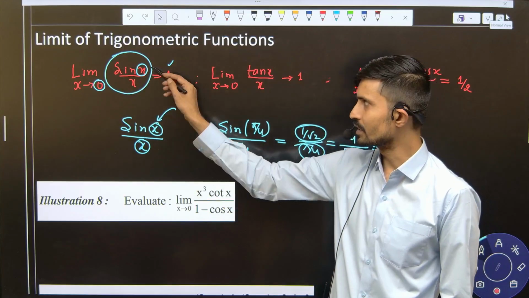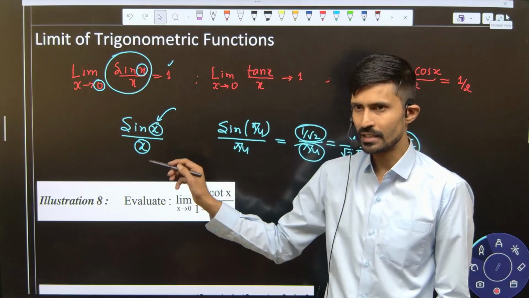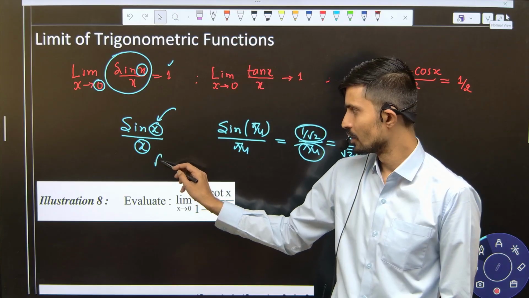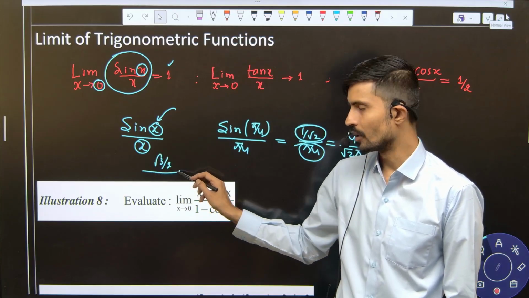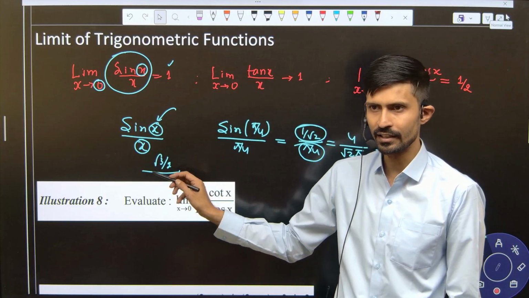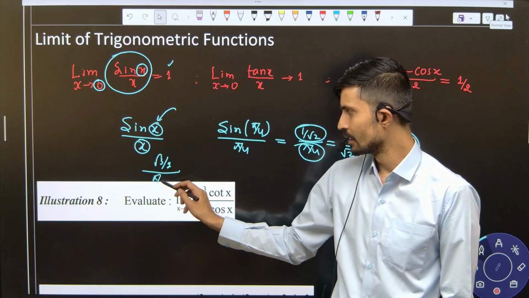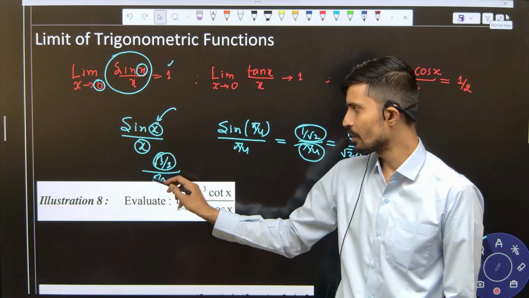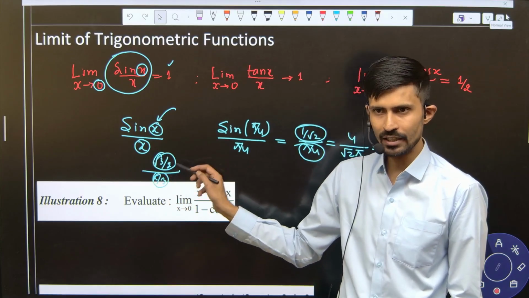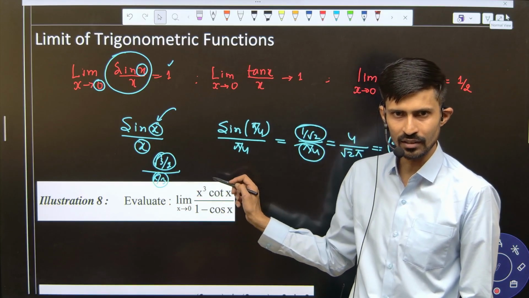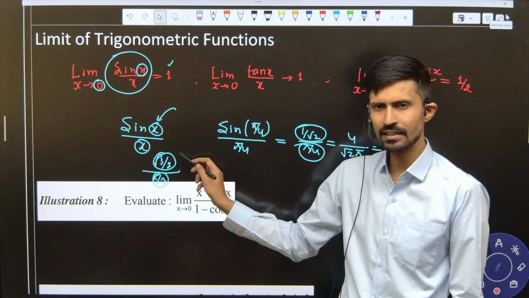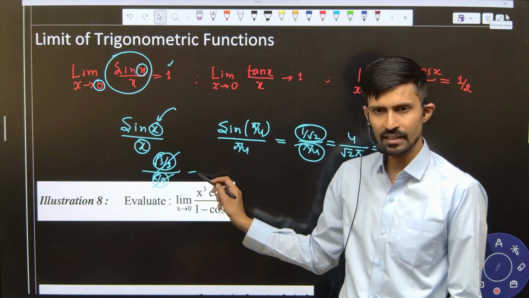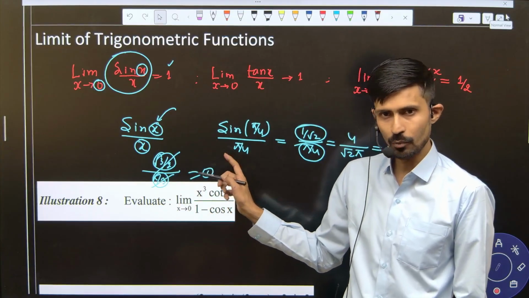Let's put 60 degree at place of x. What will be sin 60? Root 3 by 2 upon, how can we write 60 in radian? Pi by 3. Tell me, are root 3 by 2 and pi by 3 the same? No. When they are the same, then only the value will come 1, no? Suppose both are the same, then both will cancel and the answer will become 1, or not? But both are not the same here.